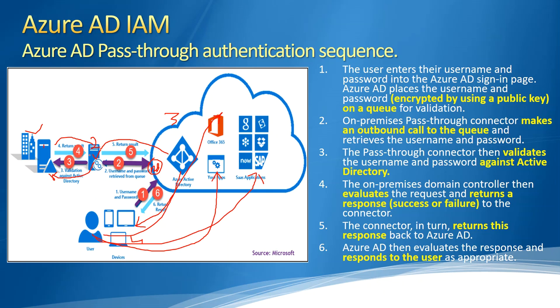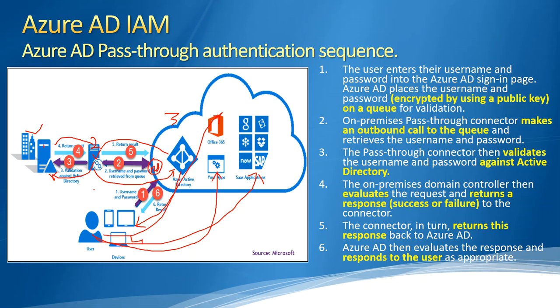It's always the pass-through connector sitting on-prem making the connection, the outbound call. That's much better in terms of connectivity to the internet, rather than allowing Azure AD or any entity on the internet to come back to on-prem.